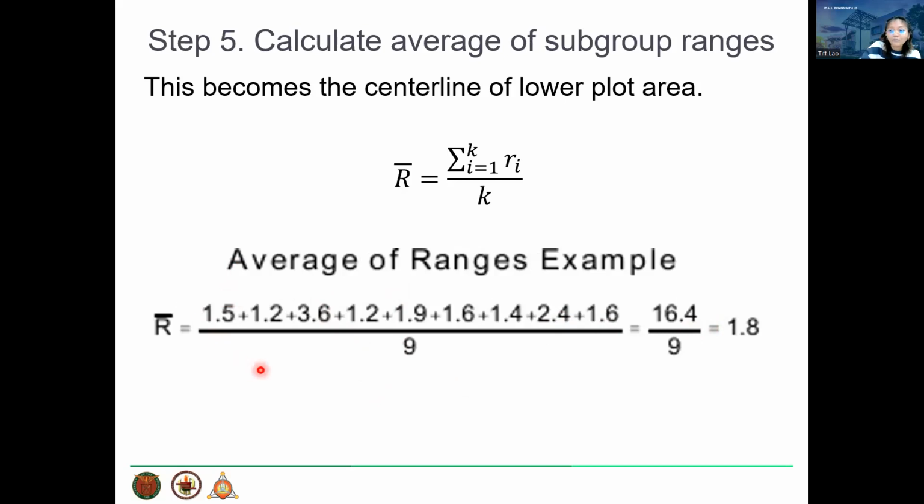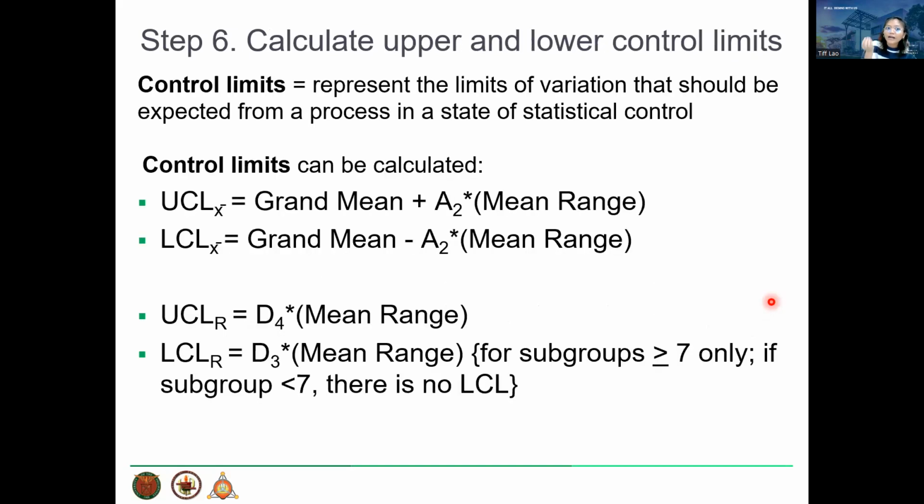So, dito, kukunin mo lang yung average ng range mo. Okay? So, ito yung mga ranges mo per day, over the number of observations. So, you have 1.8. Okay? Gets? And then after getting those descriptive statistical values, we will now compute the upper and lower control limits.